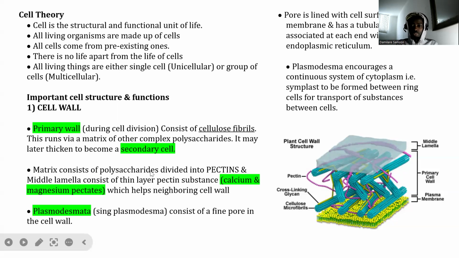Now the matrix consists of polysaccharides divided into pectin, and the middle lamella consists of a thin layer of pectin, also a substance made up of calcium and magnesium.